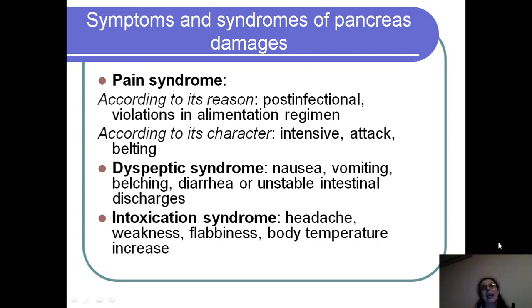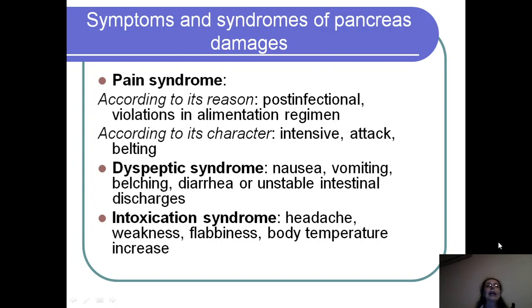the back, and at the same time it gives a belting pain, which resembles the belt, and that it's accompanied by vomiting with no improvement of the child's condition, high intoxication, and this pain is very remarkable.